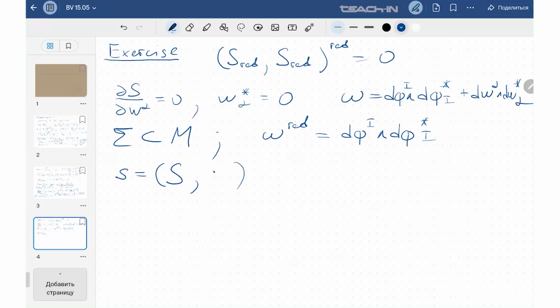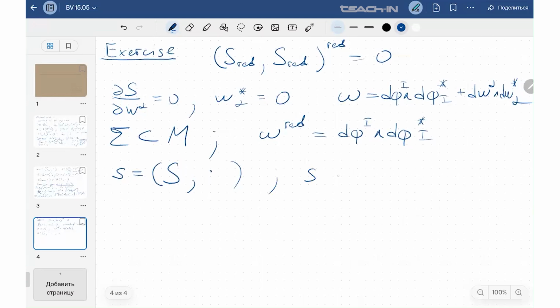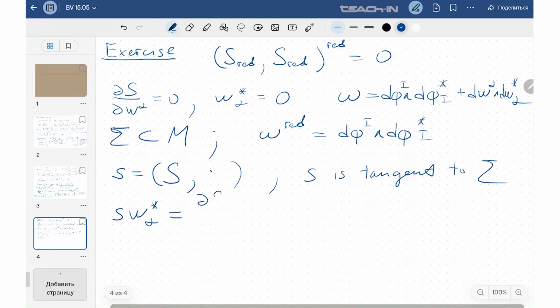And then we know that this S is tangent to sigma, because S acting on W star alpha is nothing but ds over dw alpha, just because if we take the anti-bracket with W star, it's the same as taking a derivative like this. And so we get another equation.